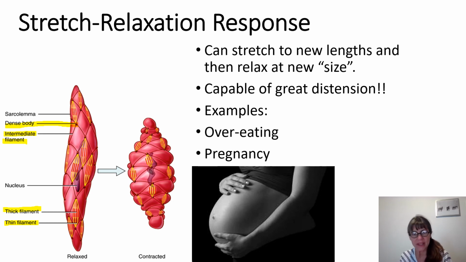And that way, when they contract, because they're anchored to the dense bodies, they actually pull on the dense bodies, and that causes that twisting motion where the sarcolemma bulges outward like, again, the wringing of a sponge. That's the best way I could describe that contraction.